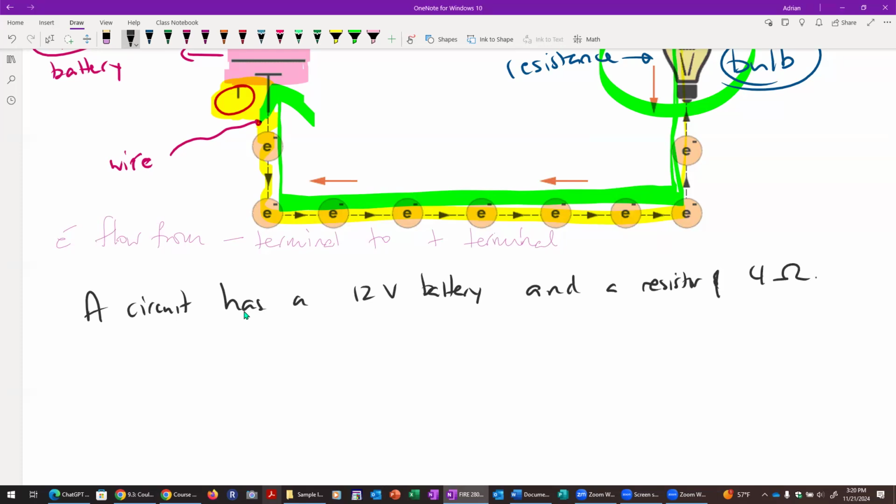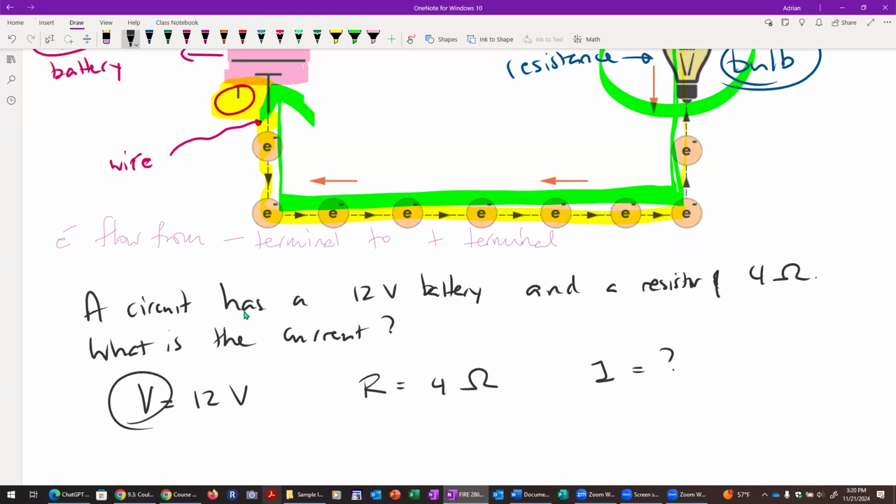What's the current flowing through this circuit? When you're given these types of problems, list what you have. We have voltage equal to 12 volts, and resistance equal to 4 ohms. What we need to find is the current.